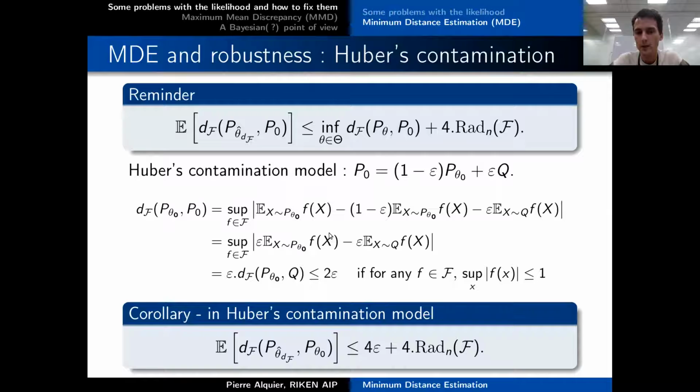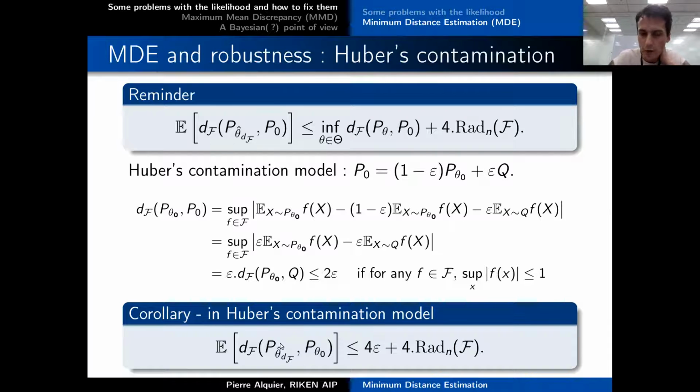This means that if you are in Huber's contamination model, the distance between P theta hat and P theta naught will be bounded first by the Rademacher complexity, which gives the rate of convergence, and by epsilon, which is the distance to the truth. We're working a little to connect the distance corresponding to F to the distance corresponding to parameters.